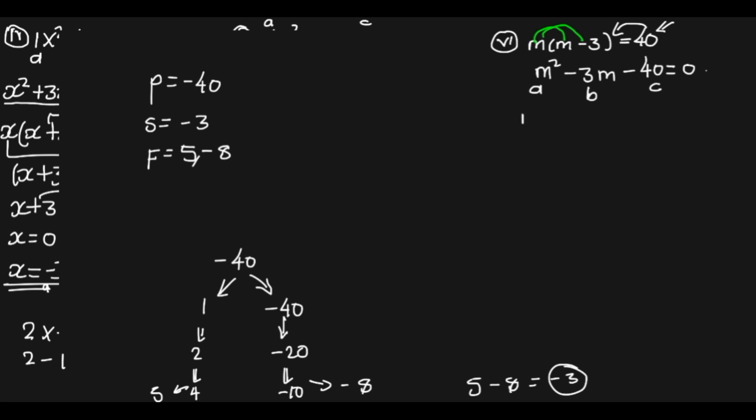So we can now proceed. m squared plus 5m minus 8m minus 40 is equal to 0. The greatest common factor here is m. m into m squared is just m, plus m into 5m is 5. Here we get negative 8 as our common factor.